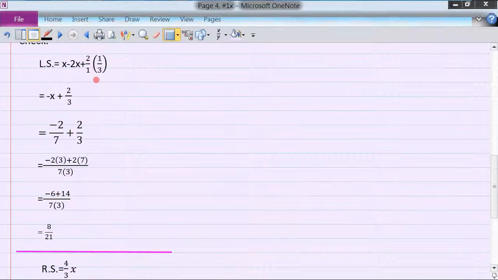Now, if I want to replace, as I said, the left side is x minus 2x plus this term here. X minus 2x is minus x plus 2/3. Instead of the x, I'm going to put 2/7, but there's a minus in front of it. Now I'm taking the two terms, 7 and 3.